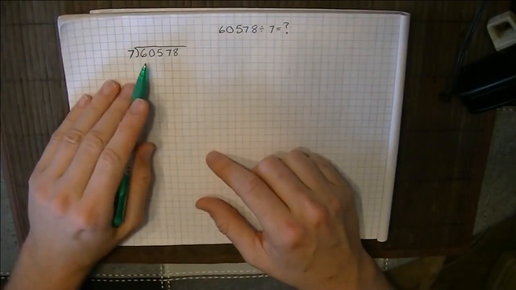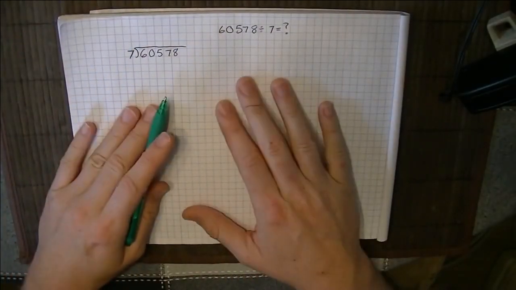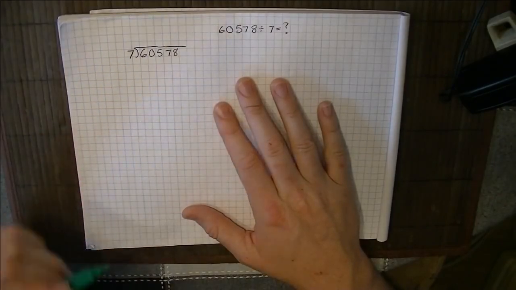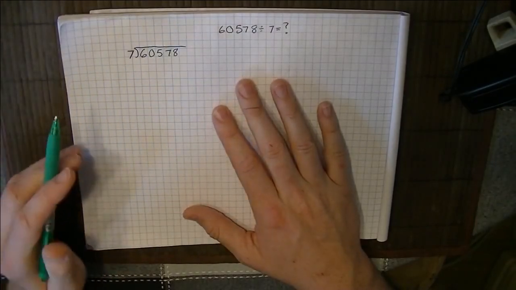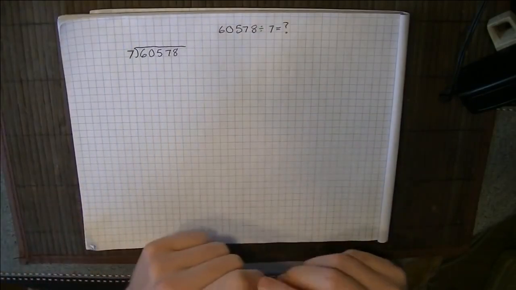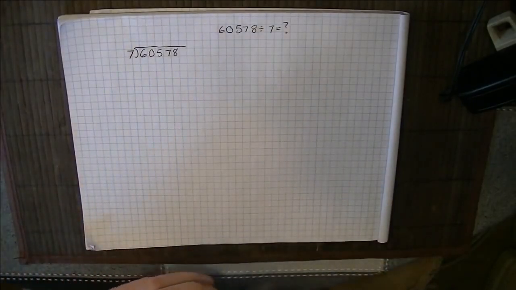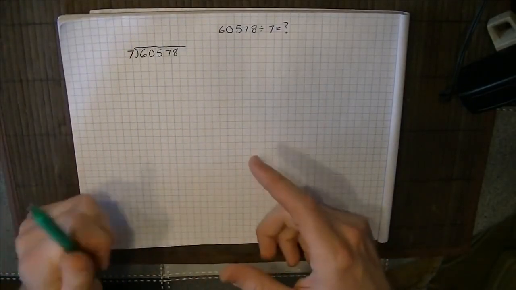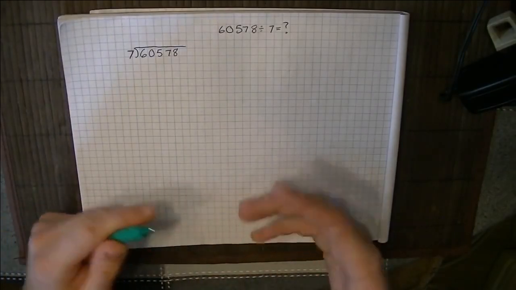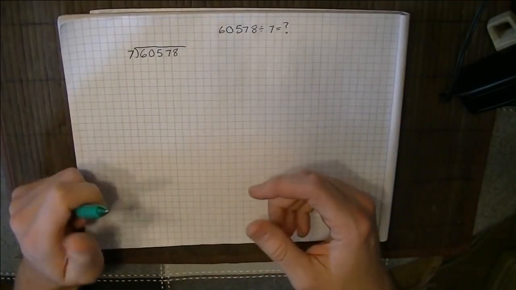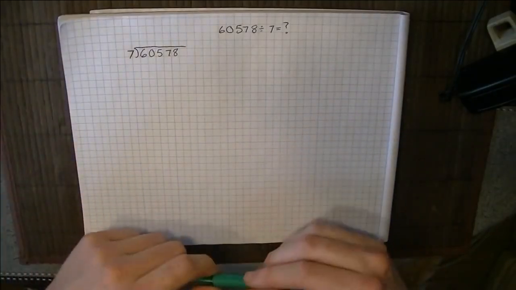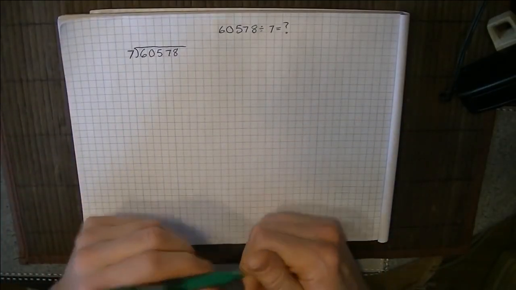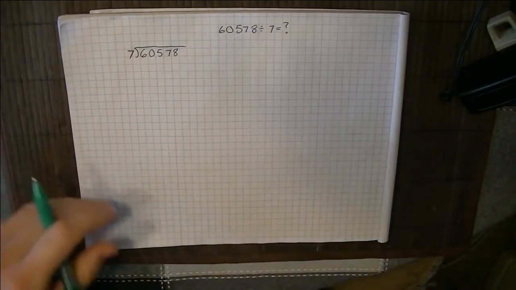Long division is going to break up this big number into smaller numbers, but instead of just hand-picking numbers that are easy, it just decides to keep track of the remainders.